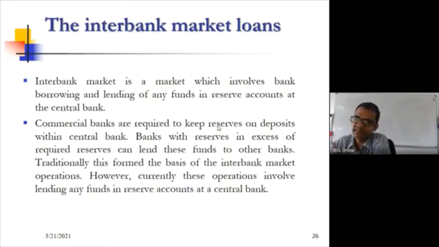That is basically the interbank market. In a way, this is the origin of the money market. Commercial banks started to deal with the central bank, borrowing funds from it. Then they started to borrow from other banks. That's how the money market has developed.